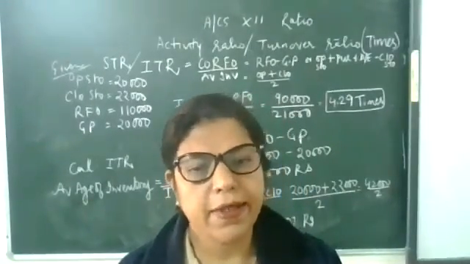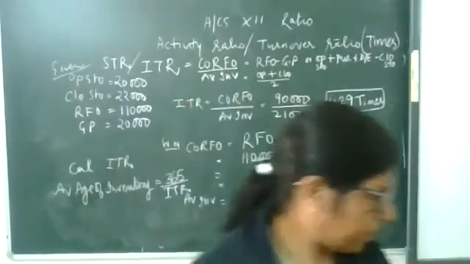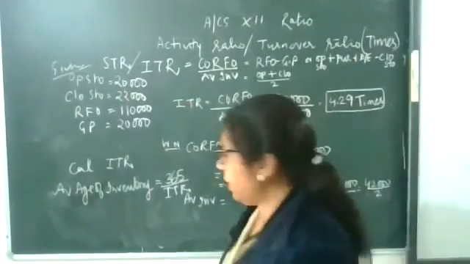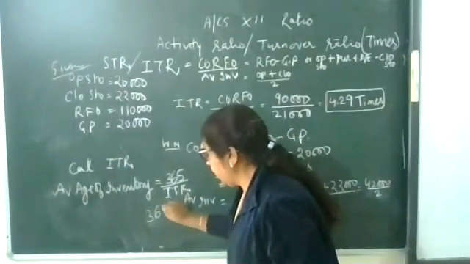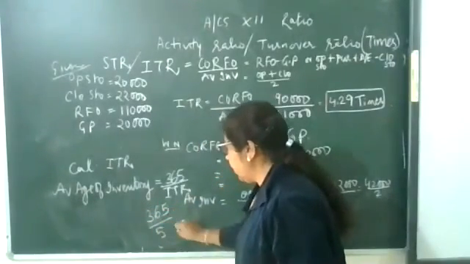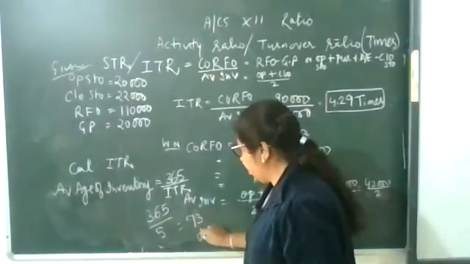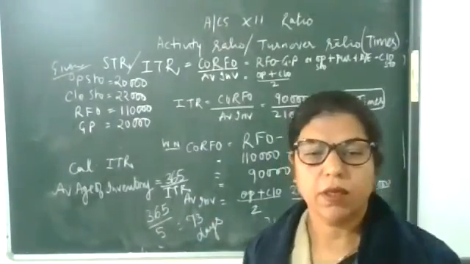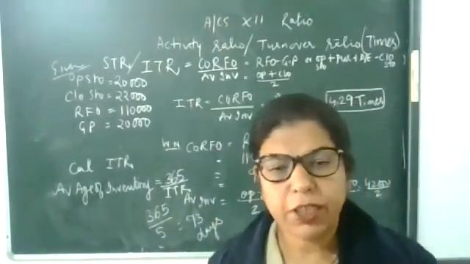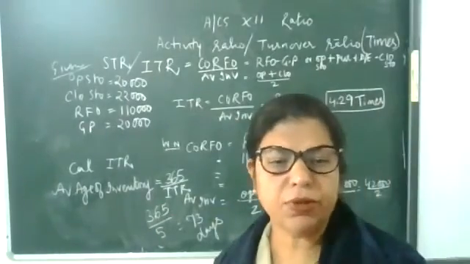It means you will use 365 upon 5. Your answer will be 73 days.